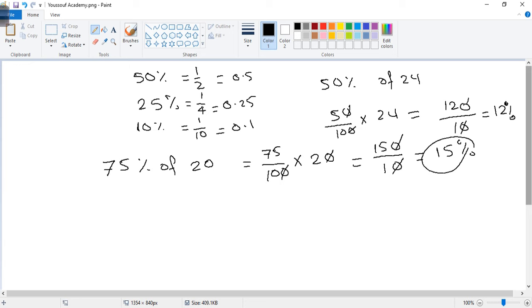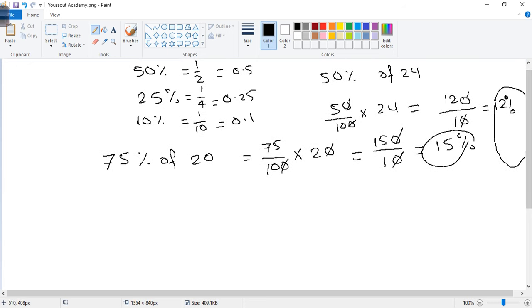This one and this one, we can do in a different way. What does it mean? If we have 24, 100% is 24. What is 10% of 24?